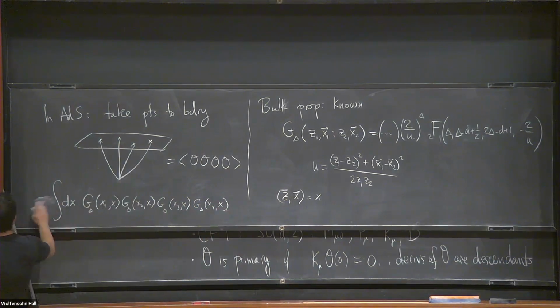And then afterwards, we just take the limit: Z1 goes to 0, Z2 goes to 0, and so on up to Z4. And we include 1 over Z1 to the delta, Z2 to the delta, Z3 to the delta, Z4 to the delta. I claim that gives the correlation function.